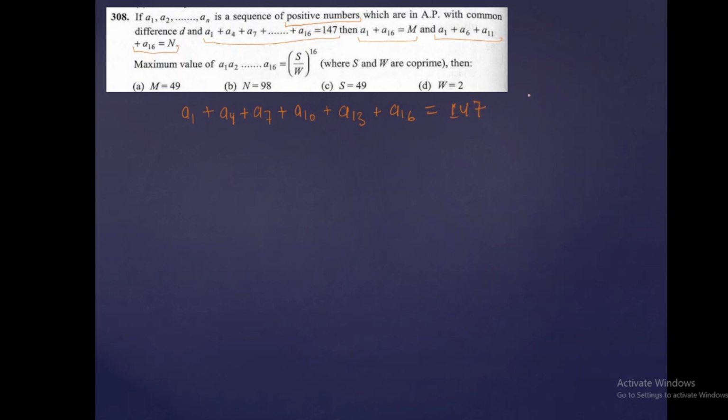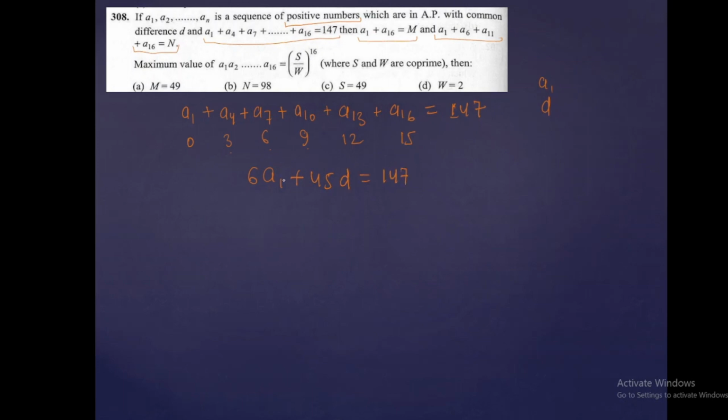Say we have the first term as A1, and since the common difference is D, let me write 3, 6, 9, 12, 15. These are the D values. So we will have 6A1 plus 3 plus 6 plus 9 plus 12 plus 15, which is 45D, equal to 147.